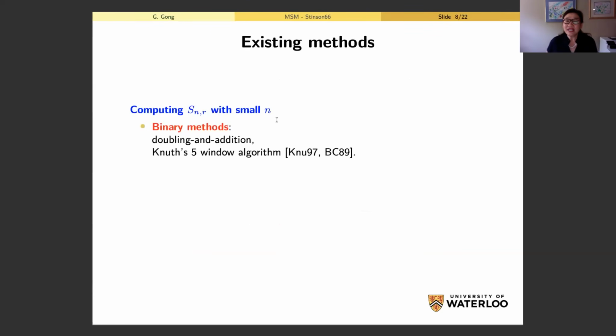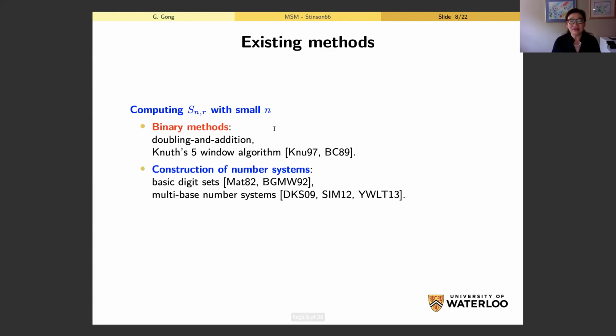There are many existing methods because ECC is so popular. It's in the IEEE standardization, in the recommendations, basically everywhere. For small n, there are many known methods, for example the binary method with doubling and addition, number systems constructed using a basic digit set, or changing the basis using multiple base number systems.